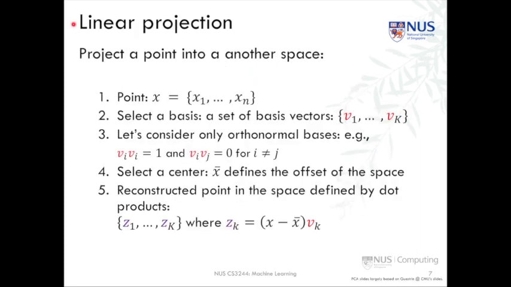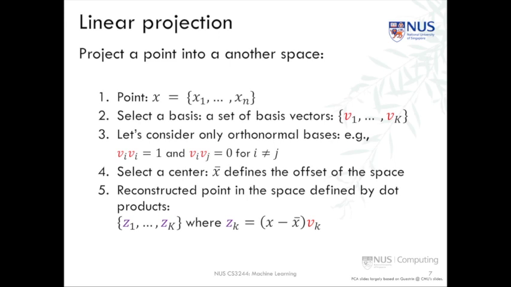In general, this is the idea of a linear projection, where we're taking a point and projecting it into another space. The point can have n dimensions, and what we need to do is select a set of basis vectors that we might have up to capital K vectors to represent the points. Just like we did in the last slide, we used a single vector in 2 dimensions to represent the points in a one-dimensional space.